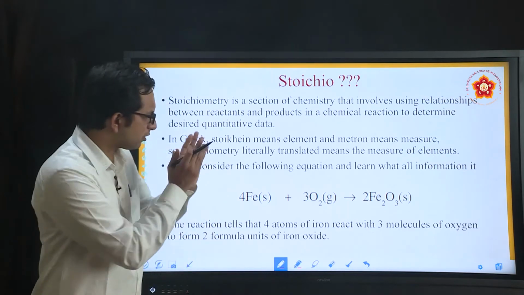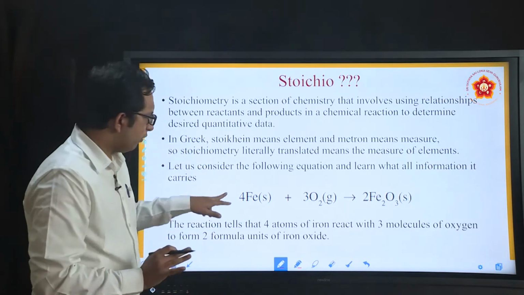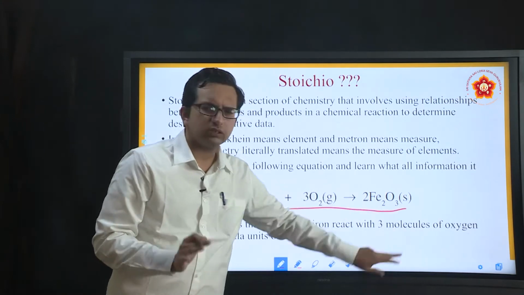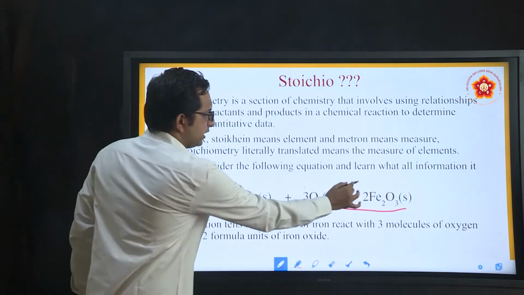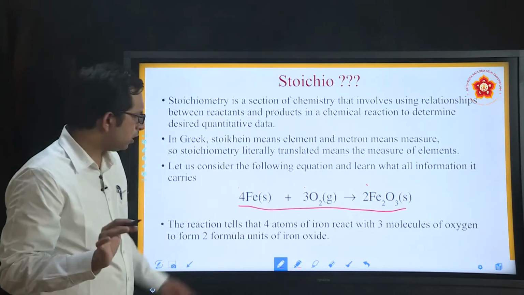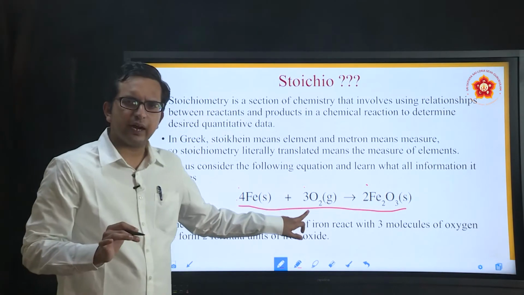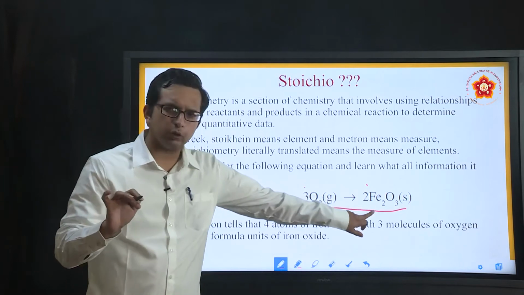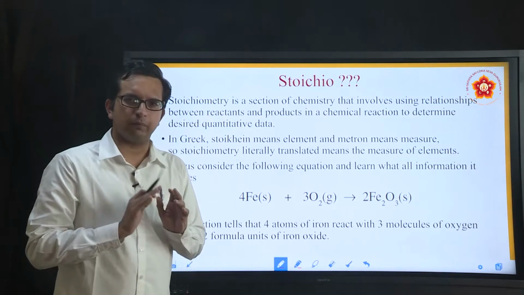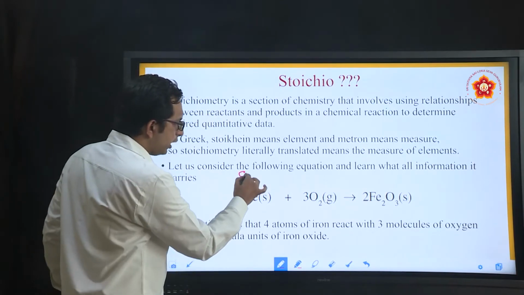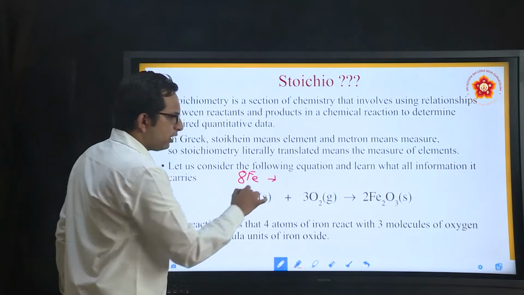The same concept is here: whenever reactants and products take part, they take part in a perfect ratio always. If 4 moles of iron react with 3 moles of oxygen to give 2 moles of iron oxide, this is the simplest representation that can be shown. If I take 8 moles of iron, then what will happen?